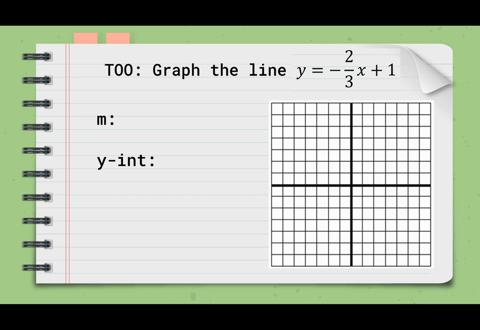So we're going to try one more. The slope, negative 2 over 3, the y-intercept 1. So then I'll put the y-intercept, because this is the x-axis, that's the y-axis. Put it at positive 1. And my slope is negative 2 over 3. It's either negative 2 over 3 like that, so down 2, 1, 2, 2, 3.